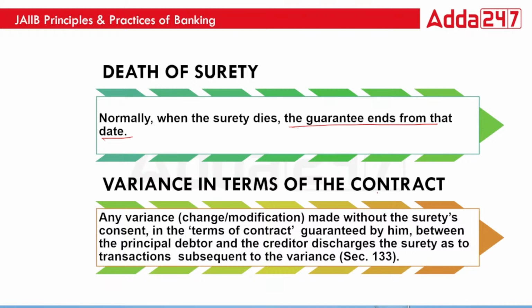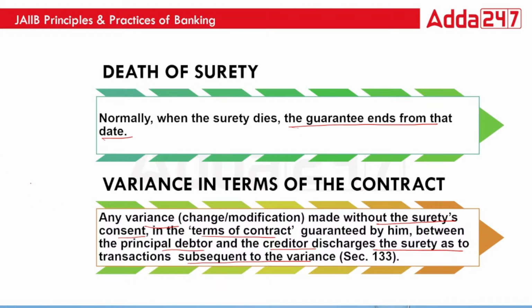Variance in terms of the contract. Any variance made without the surety's consent in terms of the contract guaranteed by him between the principal debtor and creditor discharges the surety as to transactions subsequent to the variance. What does this mean?